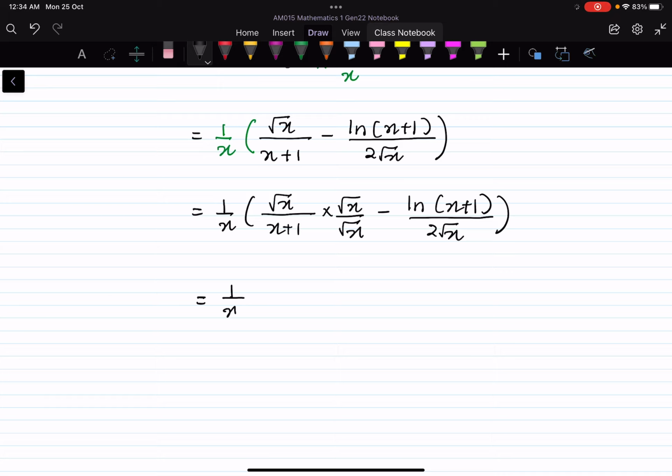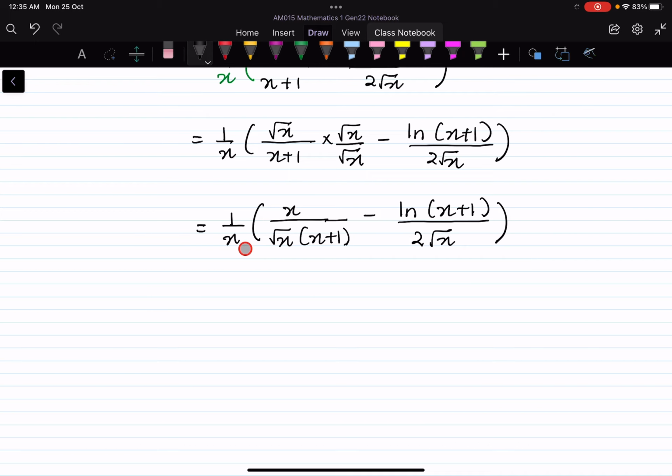Now let us simplify. √x times √x is x, divided by √x times (x+1), minus ln(x+1) over 2√x.